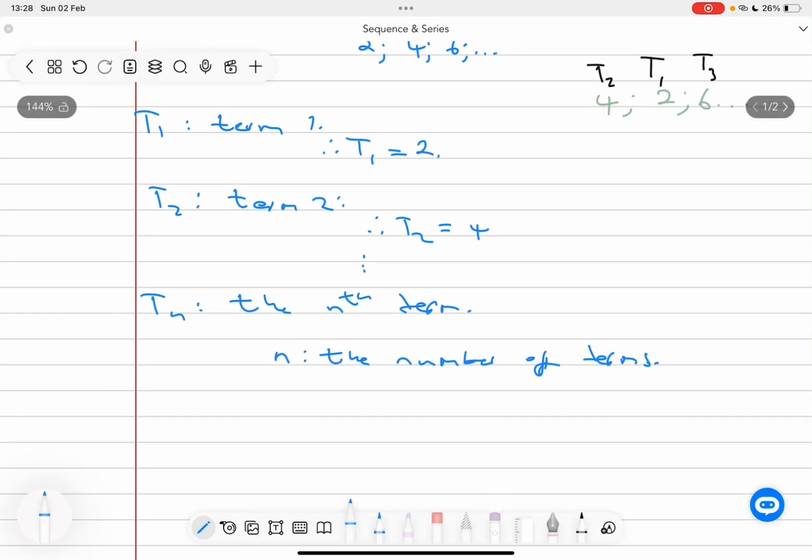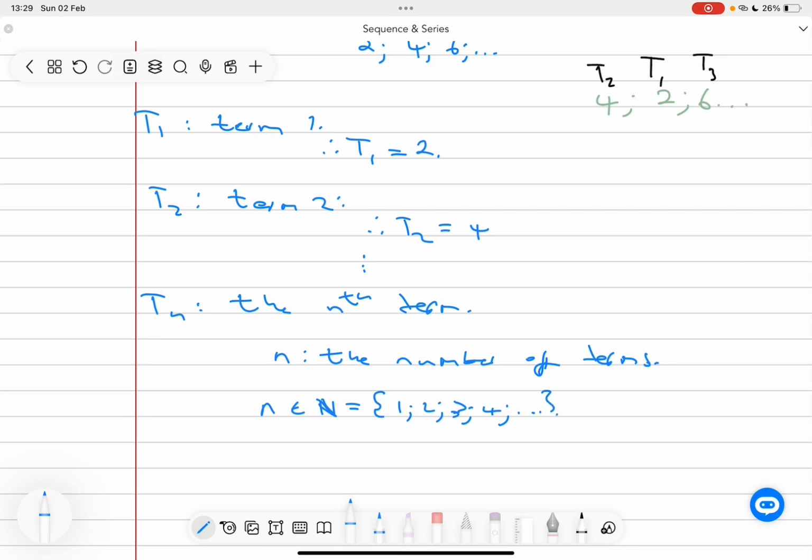That means it assists us to count or to position these terms. So it is only allowed to be an element of natural numbers. Remember, the natural numbers are the counting numbers. So this means that we're going to have 1, 2, 3, 4, and so on. So n is allowed to be any of the counting numbers.